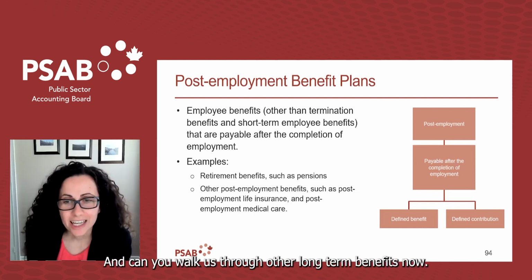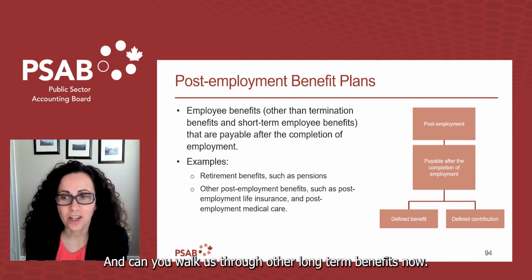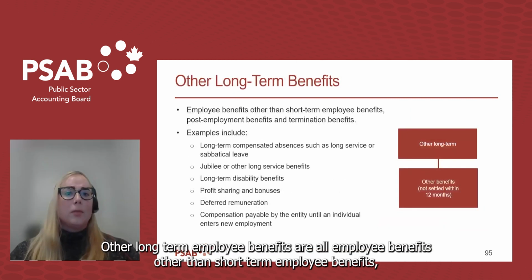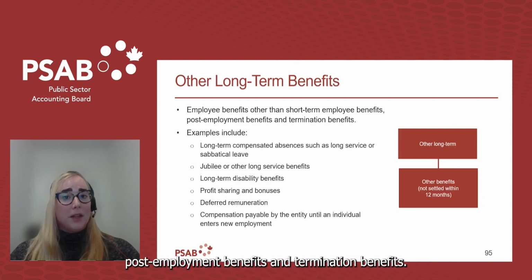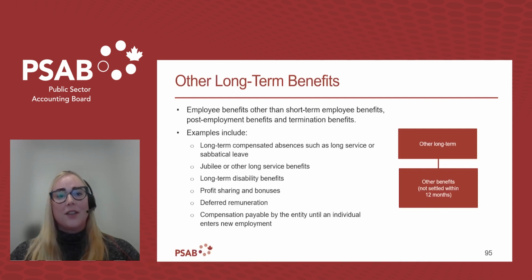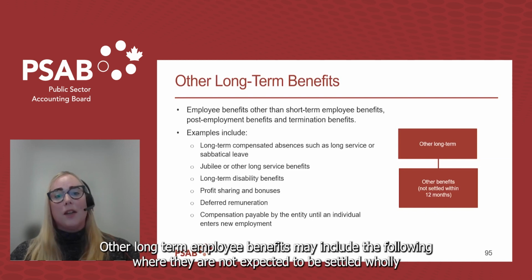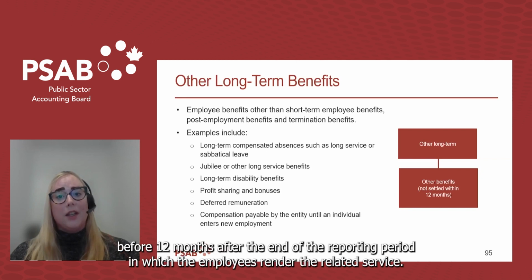Thank you, Riley. And can you walk us through other long-term benefits now? Other long-term employee benefits are all employee benefits other than short-term employee benefits, post-employment benefits, and termination benefits. Other long-term employee benefits may include the following, where they are not expected to be settled wholly before 12 months after the end of the reporting period in which the employees render the related service.